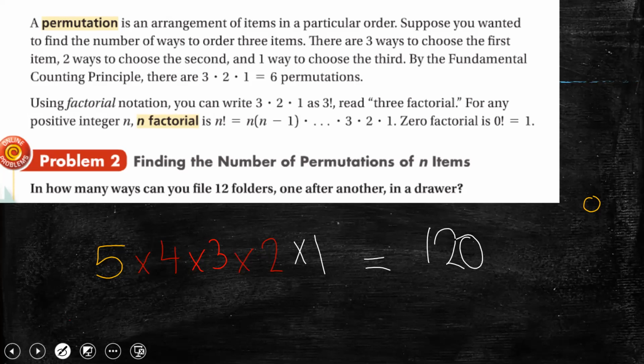At the first time, I have 5 choices. When I take the first bread, I have 4 choices now. When I take the second bread, I have 3 choices. When I take the third bread, I have 2 choices. And so on, until I take all the breads. So I have here 120 ways to arrange 5 breads.